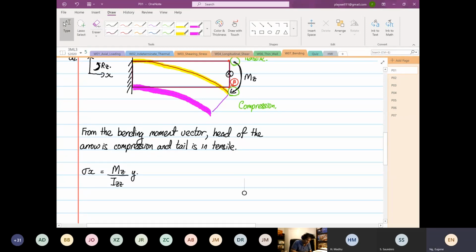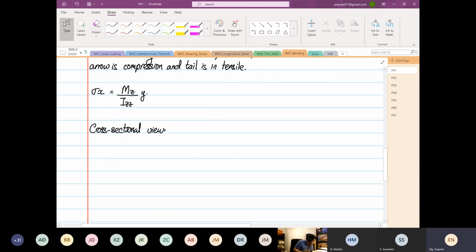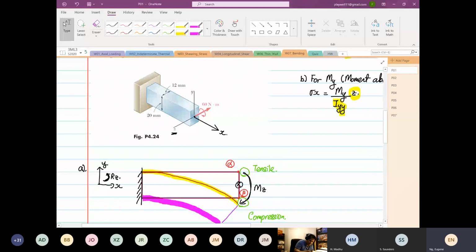We're going to have a cross sectional view, and I'm going to view it at the end, where this will be my y, this will be my z, and this is my rotation in the x. So we are now at this structure, viewing from here, and this is my I.